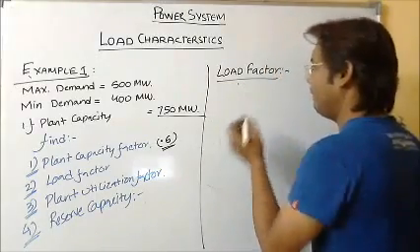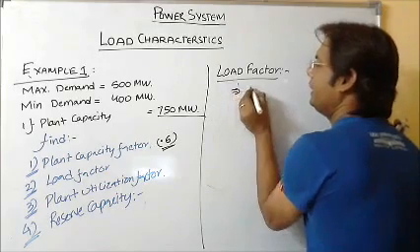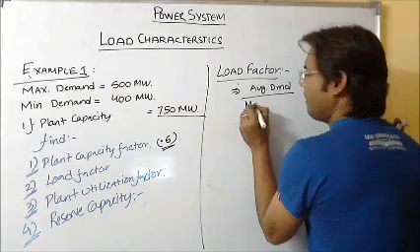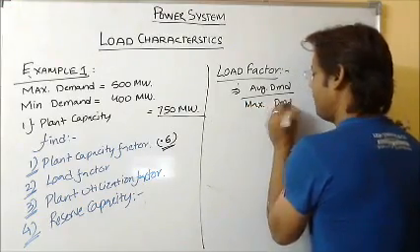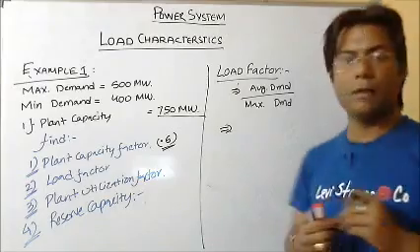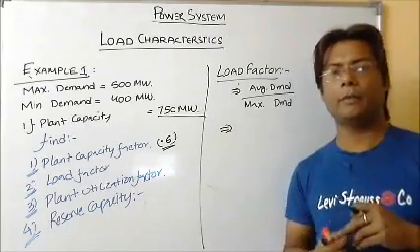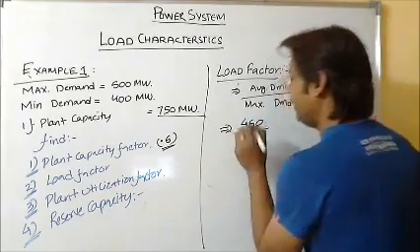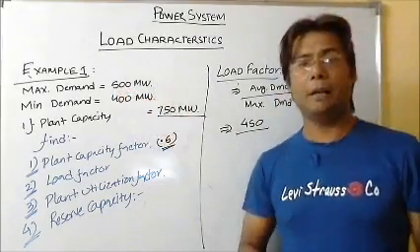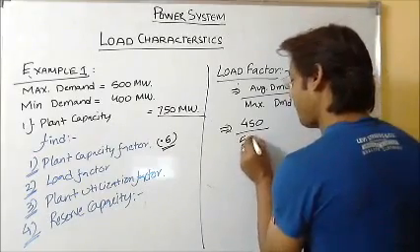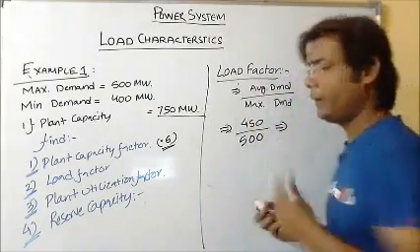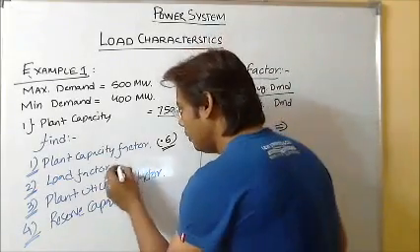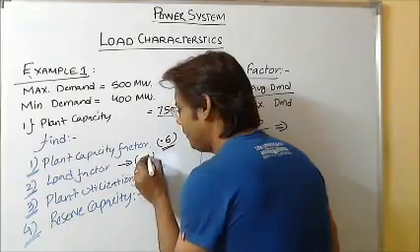So the average demand which we have found in the earlier part of the question is 450 megawatts divided by the maximum demand, which is 500 megawatts, already given. So the load factor is coming as 0.9.